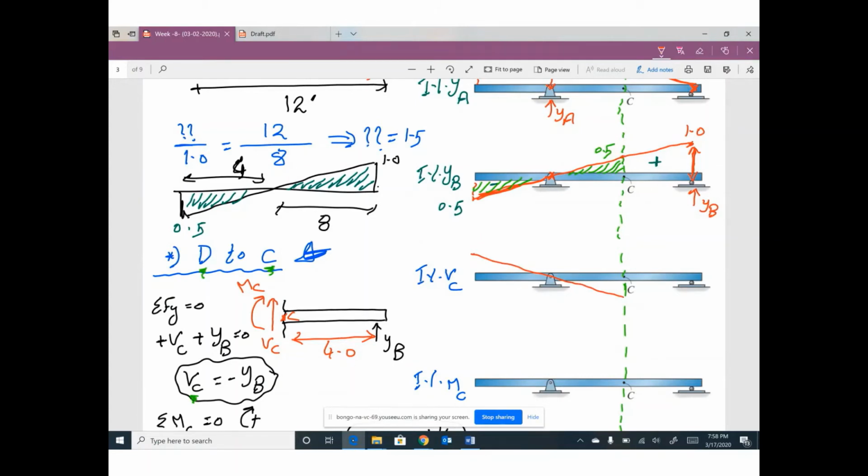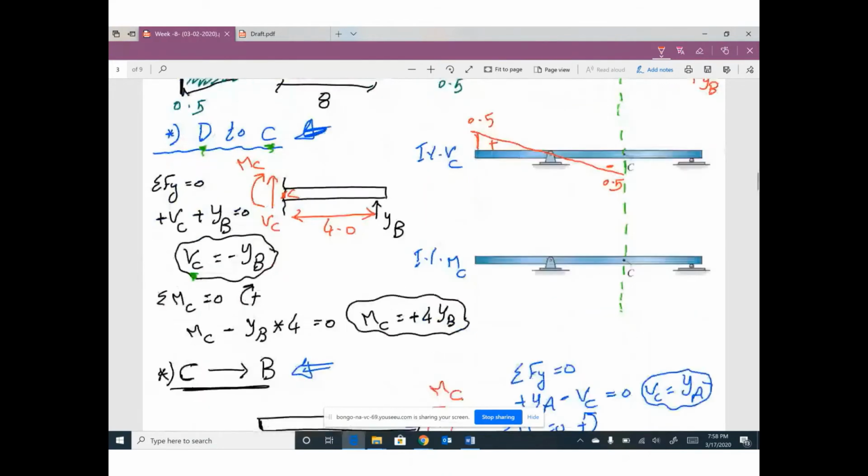This value, positive 0.5, will be negative 0.5. This value, negative 0.5, will be positive 0.5. That is from D to C.